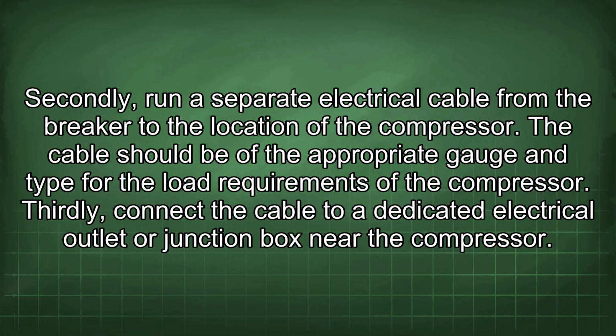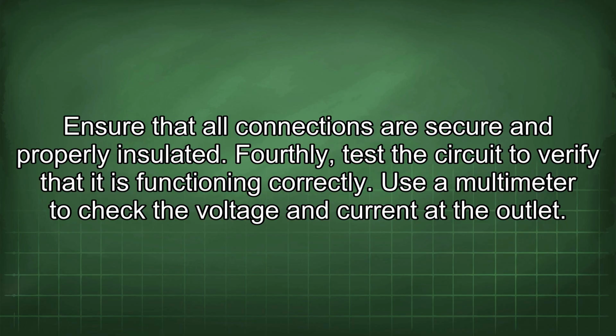The cable should be of the appropriate gauge and type for the load requirements of the compressor. Thirdly, connect the cable to a dedicated electrical outlet or junction box near the compressor. Ensure that all connections are secure and properly insulated. Fourthly, test the circuit to verify that it is functioning correctly. Use a multimeter to check the voltage and current at the outlet.